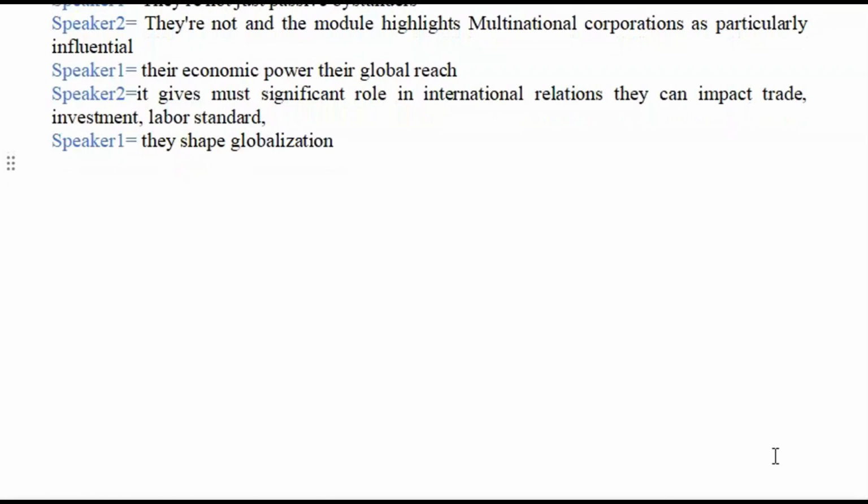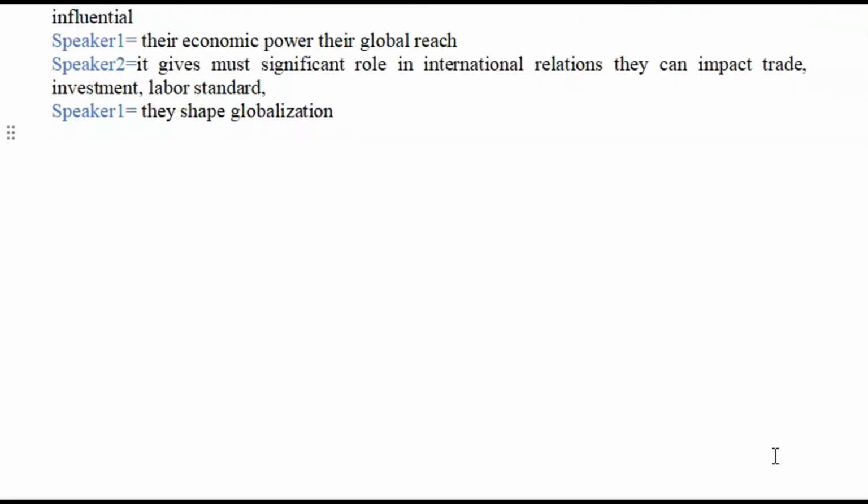And the module also mentions those transgovernmental organizations where interactions aren't necessarily controlled by states. So even within governments, you have different agencies and departments interacting across borders, forming their own networks. Exactly. It adds another layer of complexity. But for many in IR, the state is still the primary focus. Right. Especially for realists, who tend to view states as the most powerful actors. Those who control territory, military forces, economic resources.